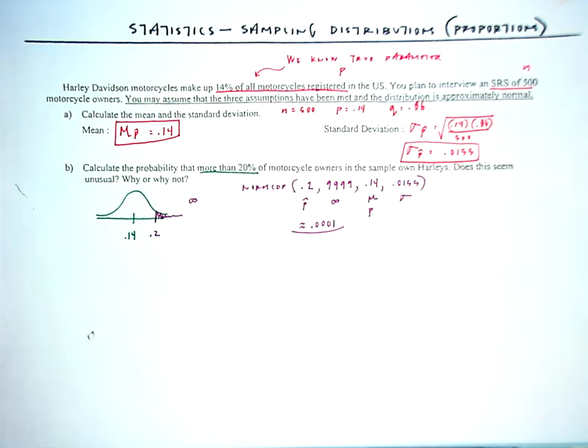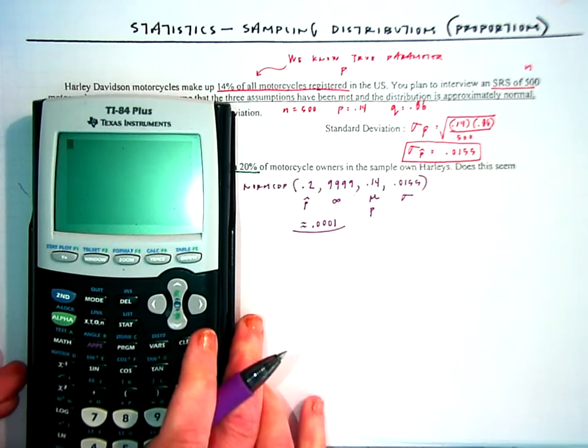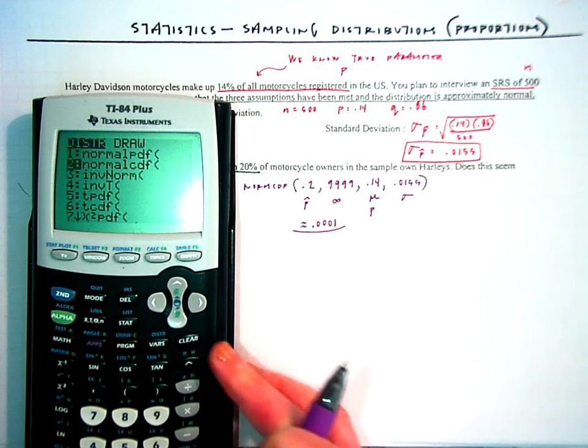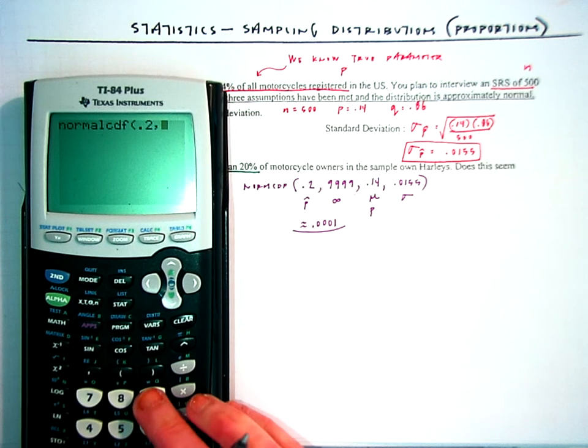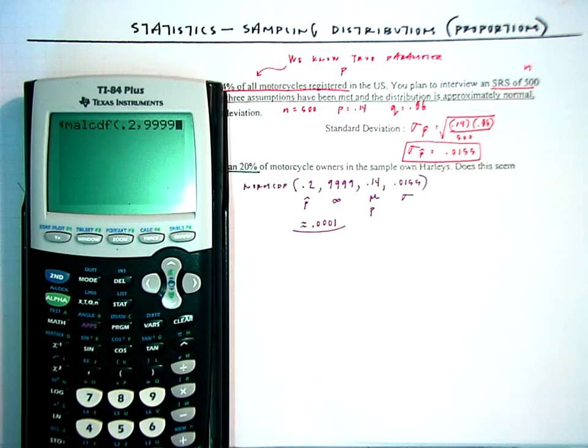Let me just make sure that you're seeing what I see. I'm going to type it in one more time. Here I'm doing normal CDF, and I'm saying from 0.2 to a placeholder for infinity, I'm going to use 9,999, something just really big. Here is my mean, 0.14, with this standard deviation, 0.0155.